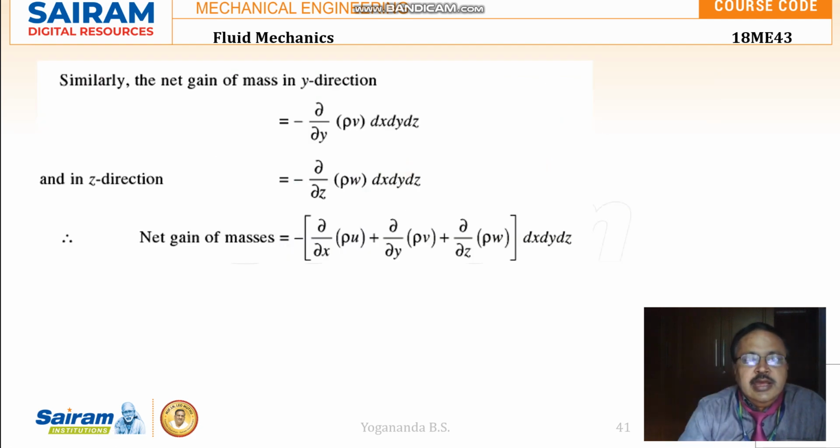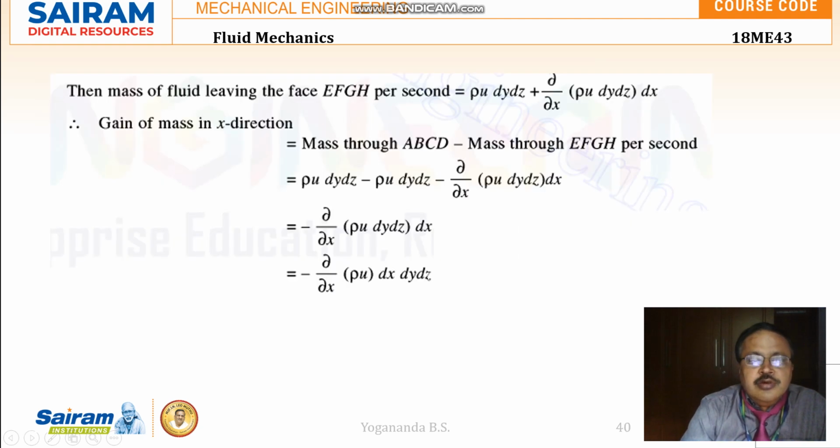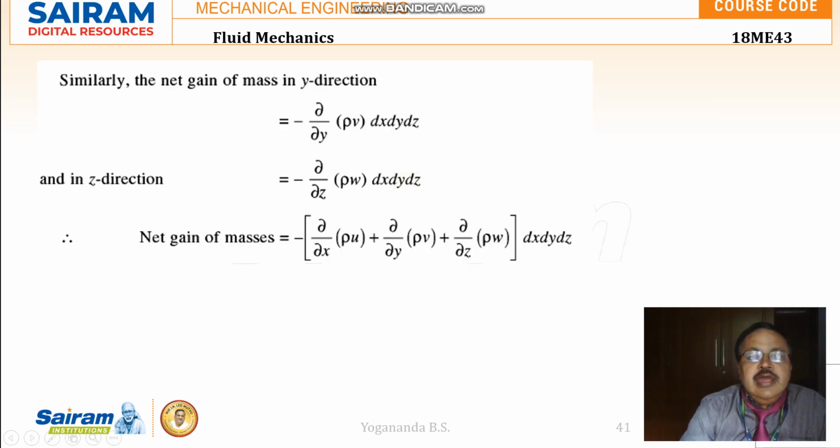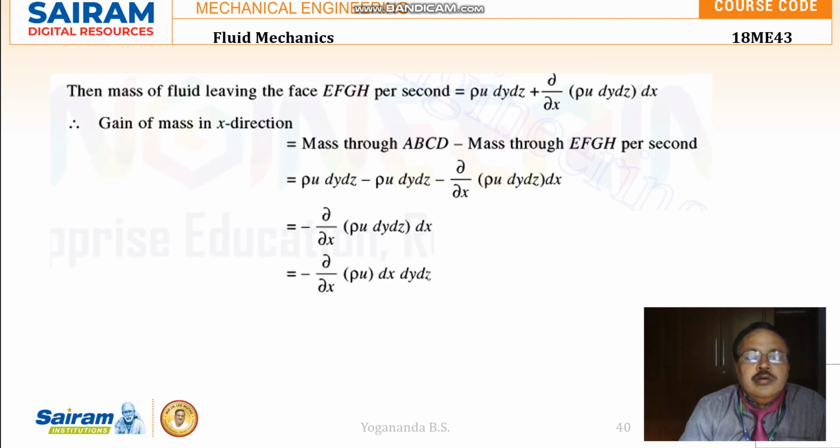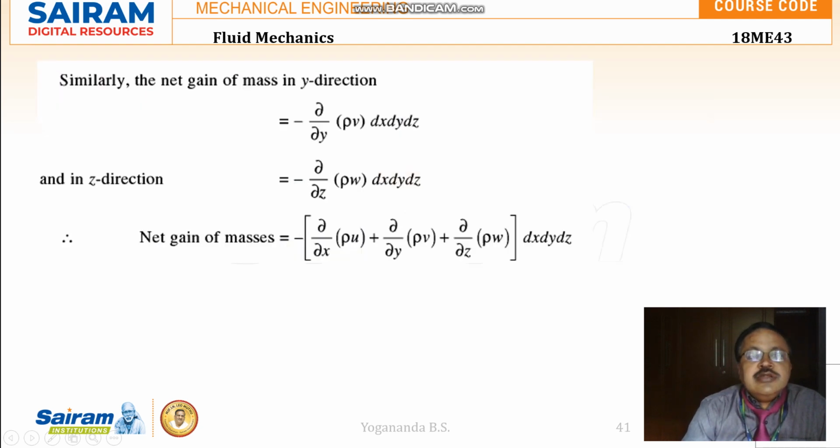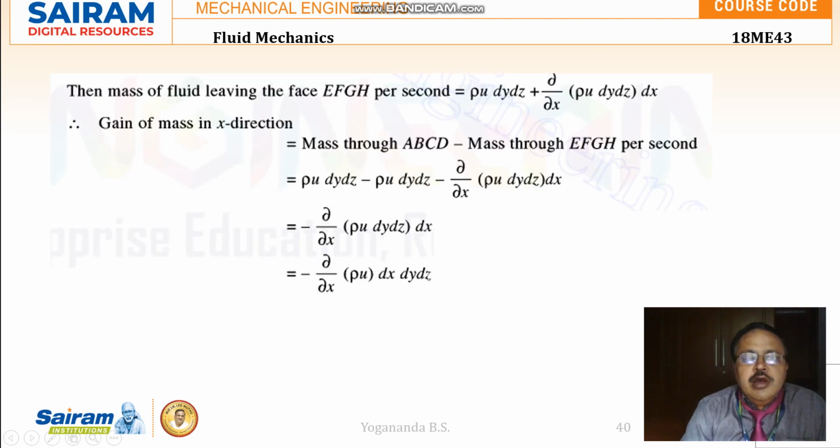Now similarly the net gain of mass in y direction. We have minus del by del y of, now velocity in y direction, instead of u we have v in the equation. So it is rho into v and the volume of the fluid element, dx dy dz.